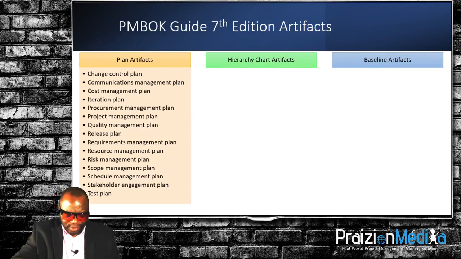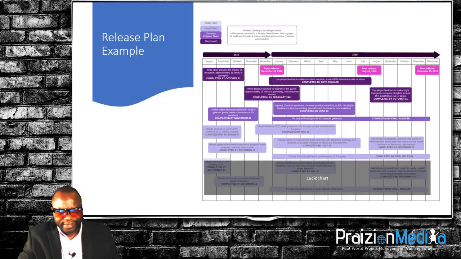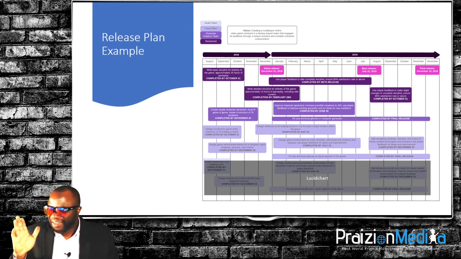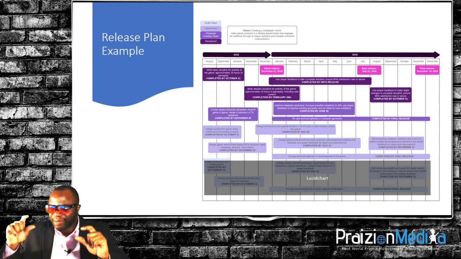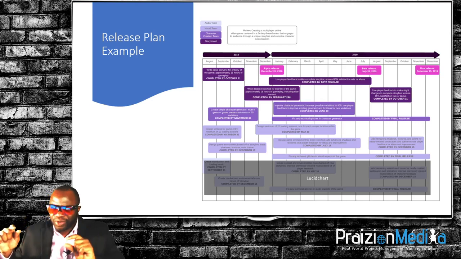Release plan. This plan sets expectations for the dates, features, and or outcomes expected to be delivered over the course of multiple iterations. And we can take a look at an example here from Lucidchart. Here's their interpretation of a release plan, and you can see the different pieces of work that have to be done at a much higher level. In other words, the releases.